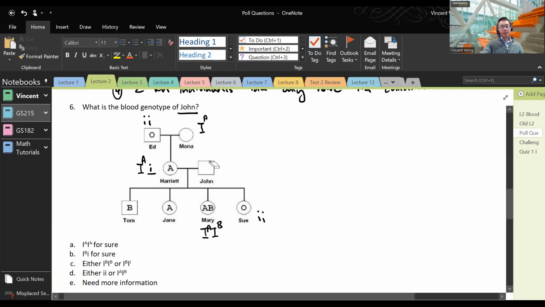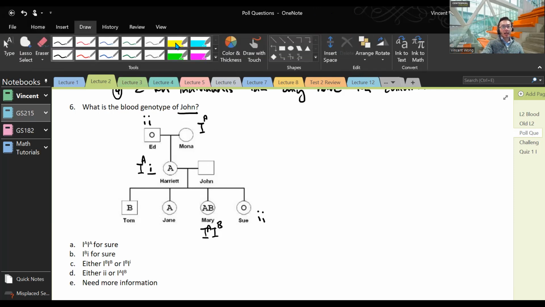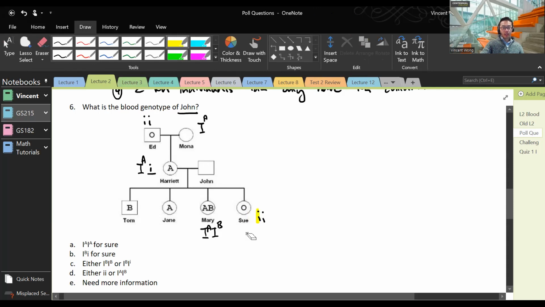Okay. So what about John? Well, one of the small i in Sue's genotype came from Harriet. Which means the other small i must have come from John. One allele from each parent, right?